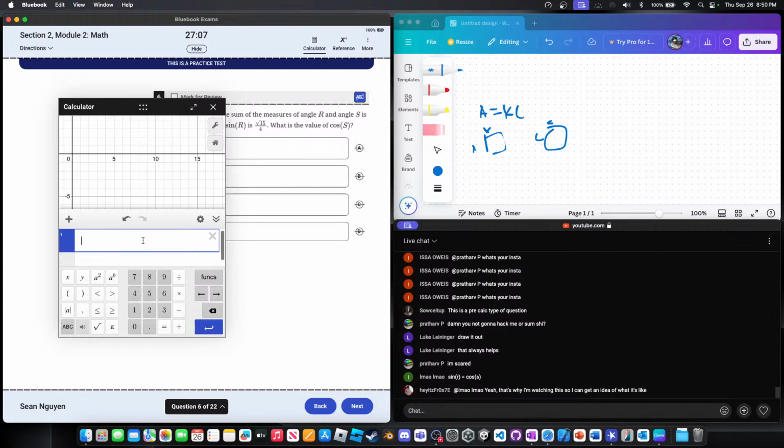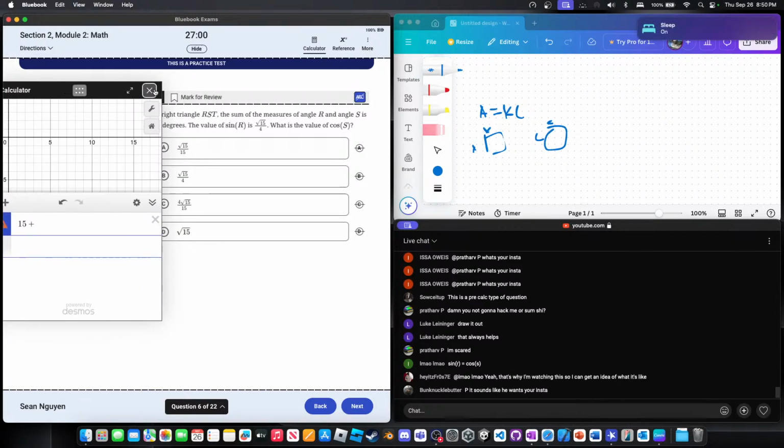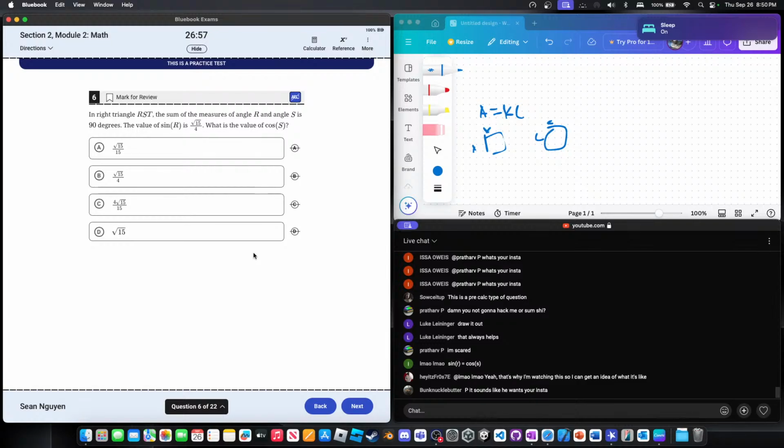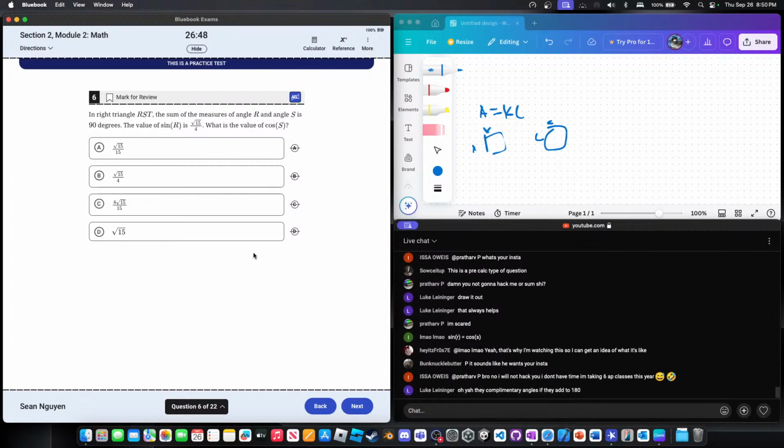So 15 plus 16. Let's see, sine of R. So T must be.